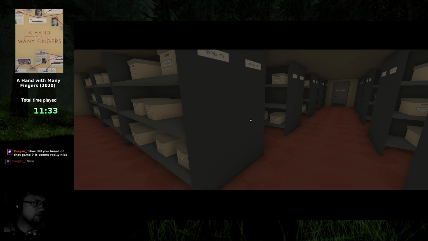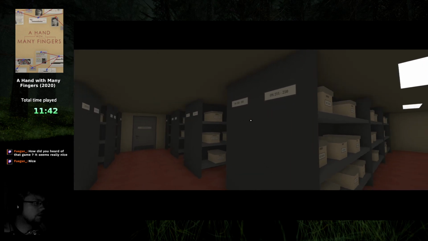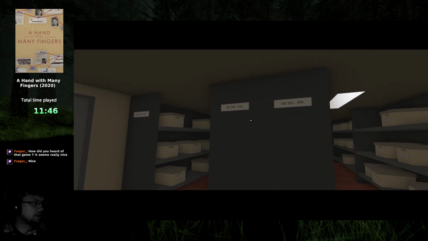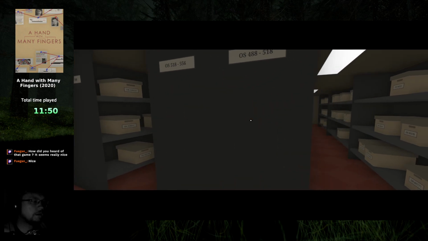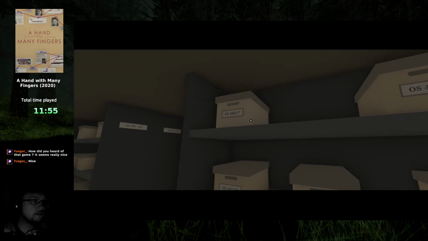Involving solving or uncovering a real-world conspiracy. Alright, I can give that a go. It's on sale. I'll take my chances. And we're looking for 488. 48870.